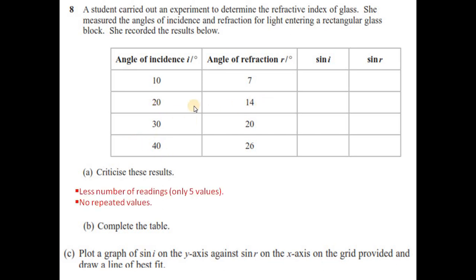But repeated readings are not there, low range. So there are 3 or 4 typical points we can write. In this case, there is a small number of readings, only 4, and no repeated values are shown.